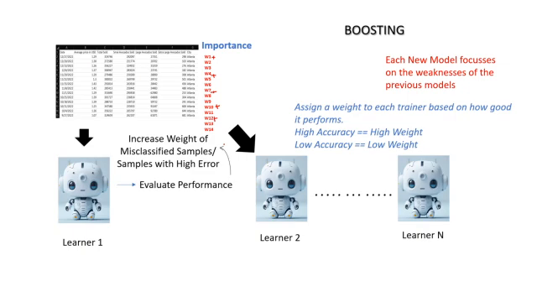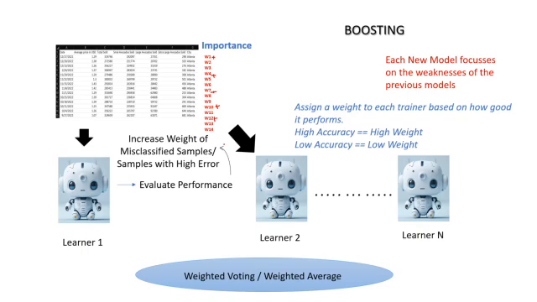Based on these weights, a weighted voting or a weighted average will be taken, weighted voting if it is a classification and weighted average when it is a regression problem, to make the final prediction.